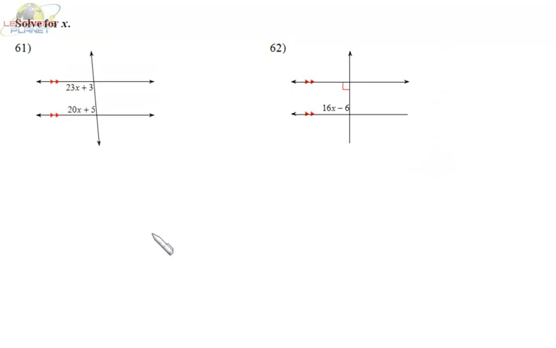Now, in this question, we have to find out the value of x and we have to use the properties of angles. Okay, here we see this angle is 23x plus 3 and this is 20x plus 5. Now, both of them are interior angles and their sum should be 180. So, let's write the equation. It's 23x plus 3 plus 20x plus 5 is 180.